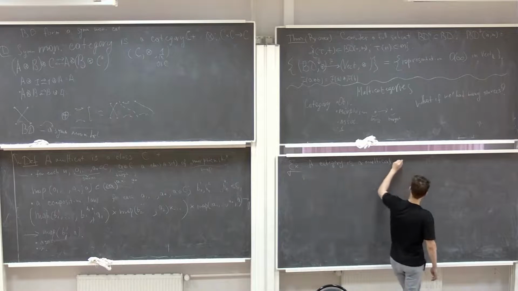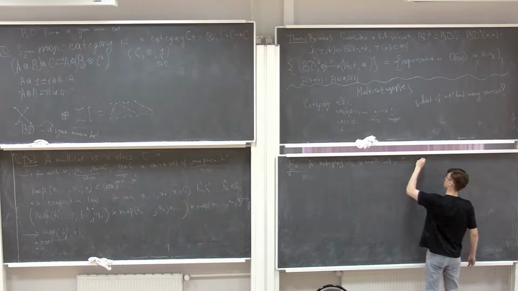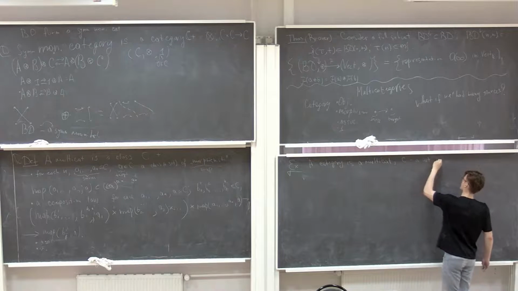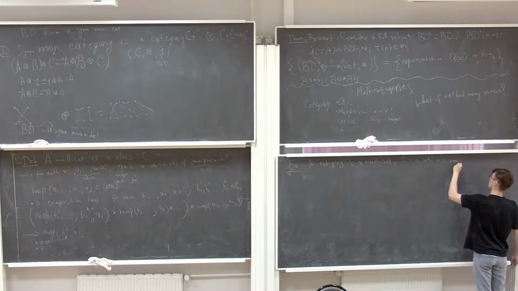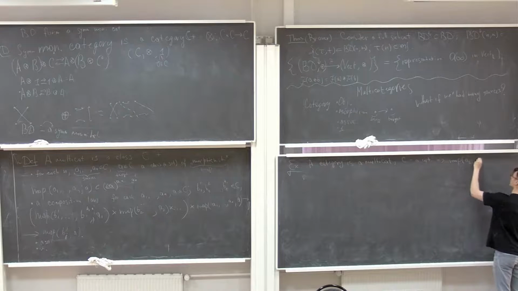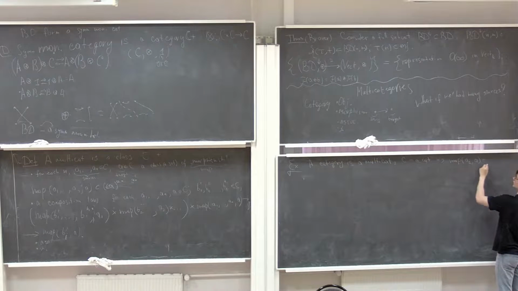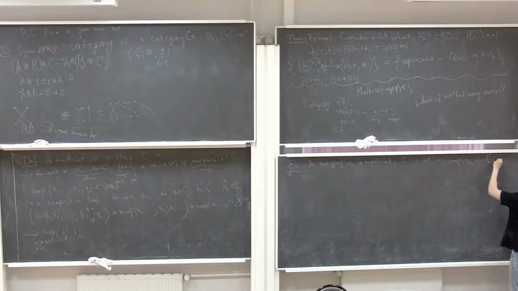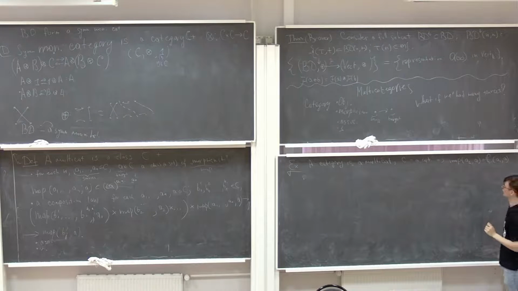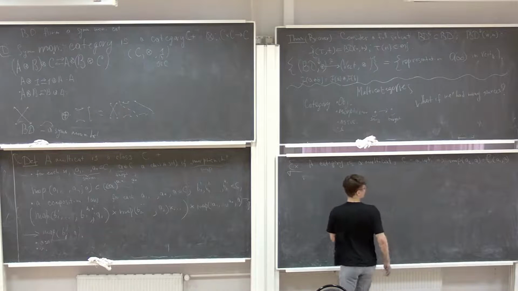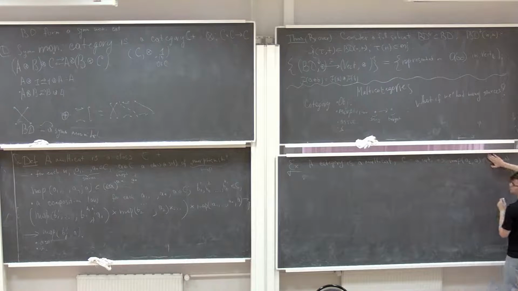So if C is a category, then the maps of A1 to A are just the set of morphisms C(A1, A), which is usually denoted by Hom_C.